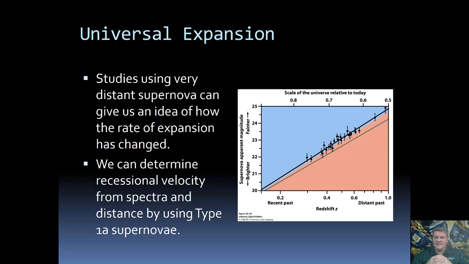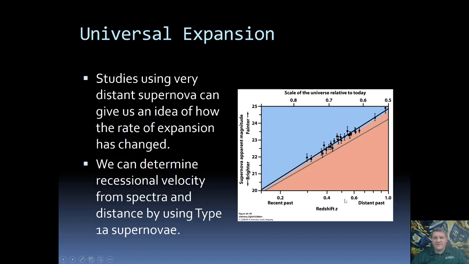Specifically, there have been several studies done looking at the apparent magnitude of type 1a supernovae and comparing that to the redshift of the galaxy that we see it in. So on this graph, up and down, we have the apparent magnitude of the supernova, which we can use to determine distance. And then along the bottom, we're looking at the redshift to the galaxy that the supernova happened in.